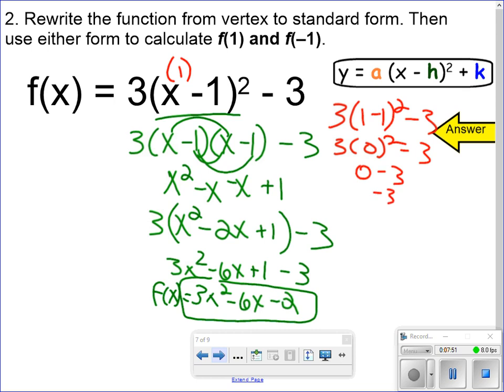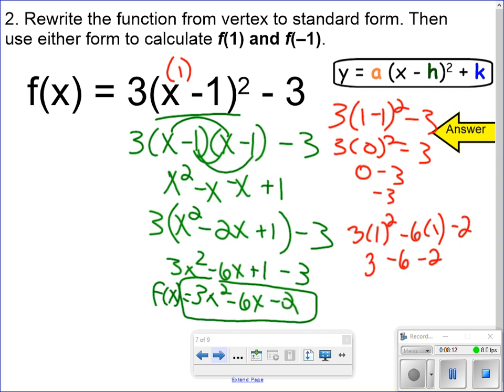If I substitute it into the other equation, I should get the same exact thing. So 3 times 1 squared minus 6 times 1 minus 2. 1 squared is 1, 1 times 3 is 3, minus 6 minus 2.